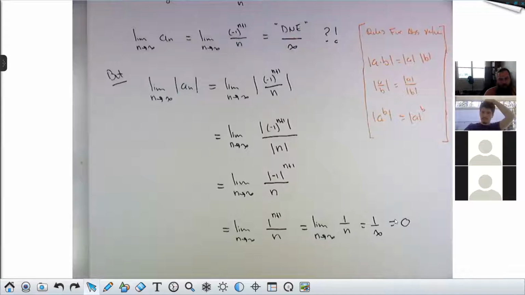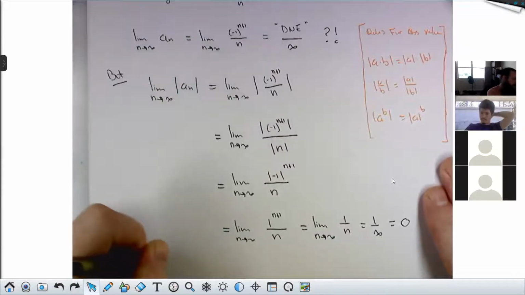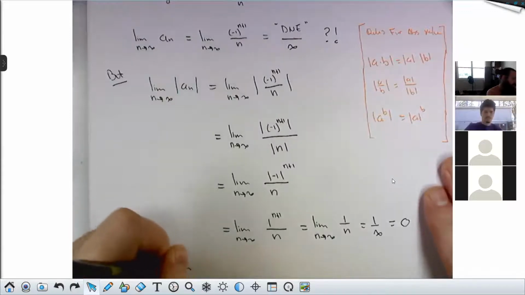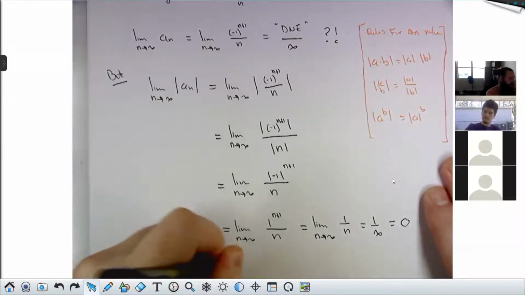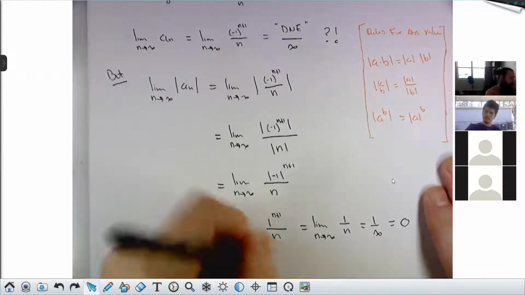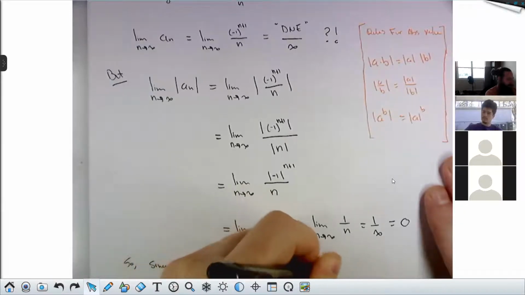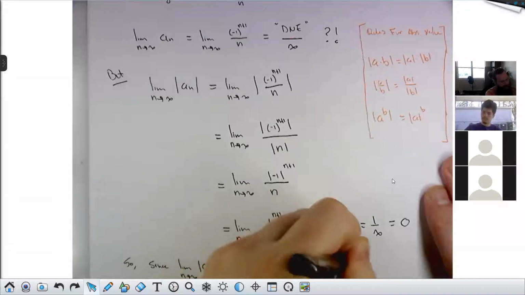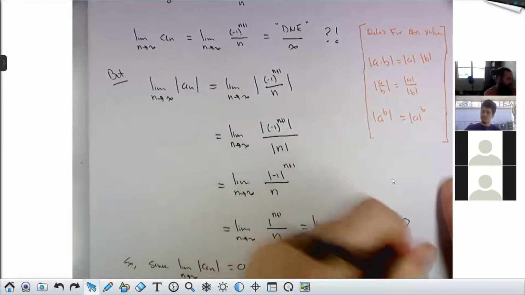And 1 over n, we know, goes to 0. So since the limit of the absolute value of a_n equals 0, we know the limit of a_n equals 0 also. This is by our theorem.